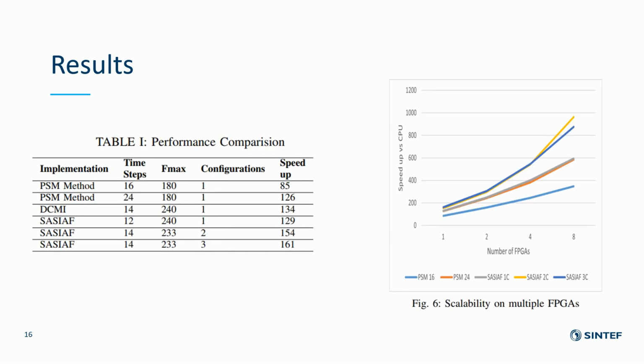And then we compare, in this table and this graph, our system SASIAF with the PSM method and DCMA, which are state-of-the-art applications, and we got 161x compared with 134x speedup for DCMA, and 126x for PSM.